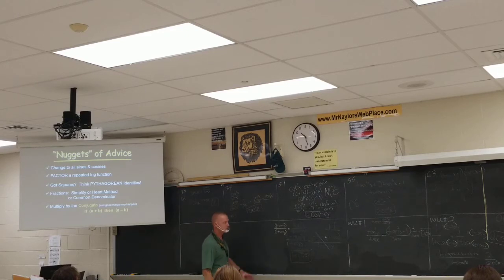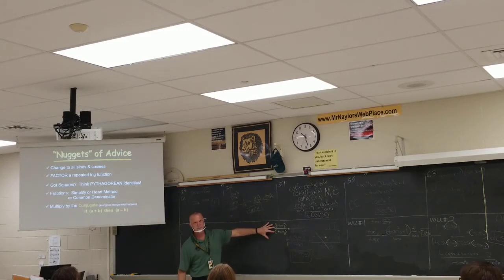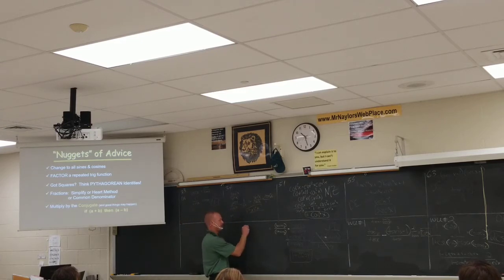Now, it's a little different than the way Justin showed it. You have to be ready to see this. This is a little different because kids are like, am I allowed to do that? Yeah, you can multiply a fraction by whatever you want as long as you do the same thing to the top and bottom.